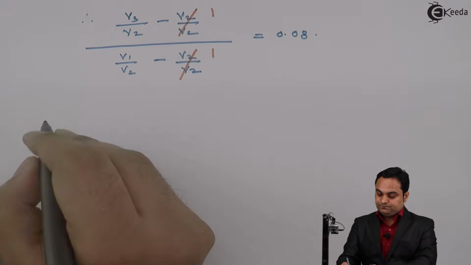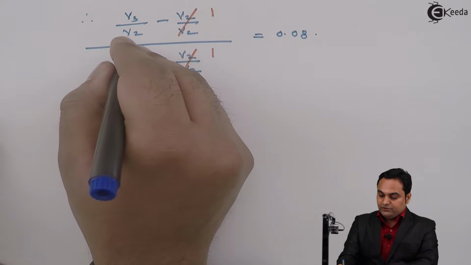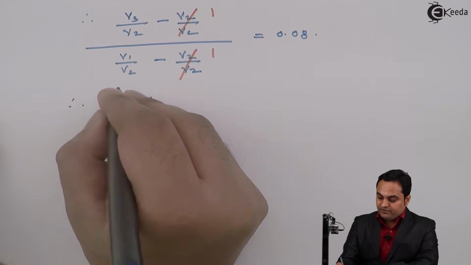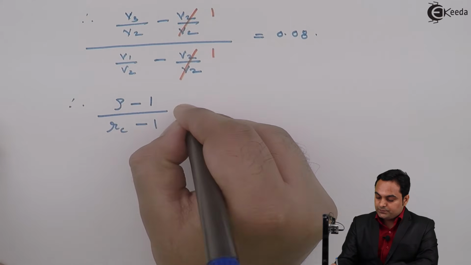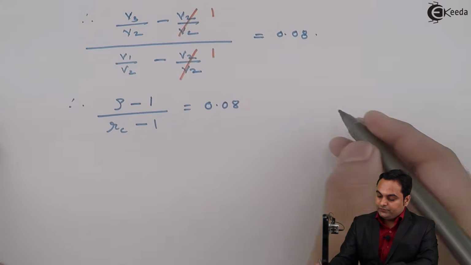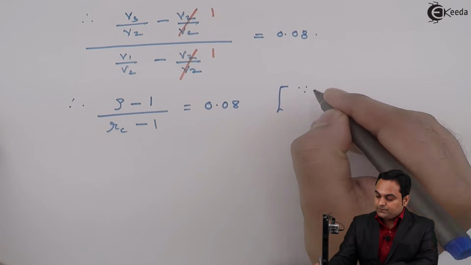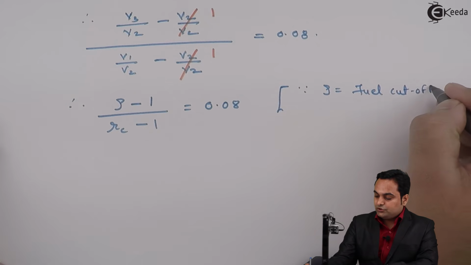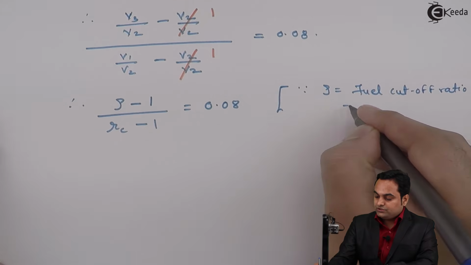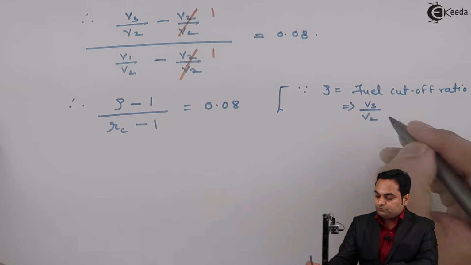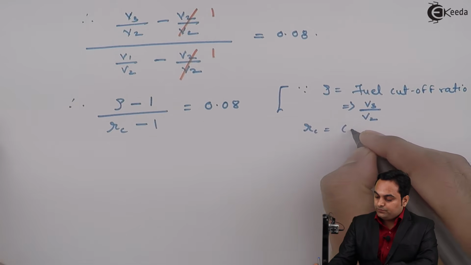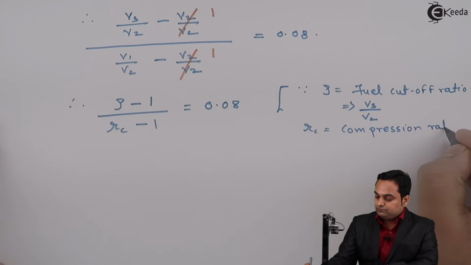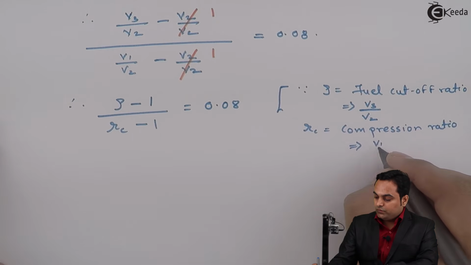So therefore V3 by V2, I'll write it as rho minus 1, and V1 by V2 is RC, compression ratio, minus 1 is equal to 0.08. I'll mention that rho is equal to fuel cutoff ratio, which is V3 by V2, and RC is equal to compression ratio, and that is equal to V1 by V2.